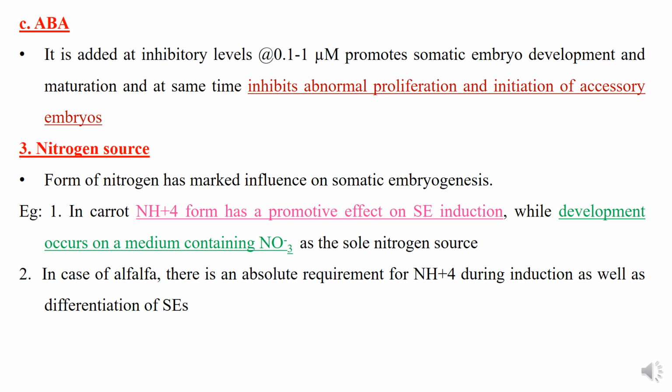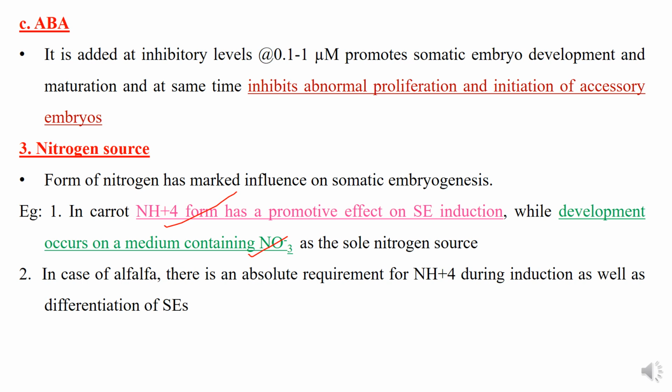Then coming to the third factor, that is the nitrogen source. Which form of nitrogen do we have to give? Nitrogen source has a marked influence on somatic embryogenesis, especially in case of carrot. The ammonia form has a promotive effect on somatic embryo induction, while development occurs on a medium containing nitrate as the sole nitrogen source.